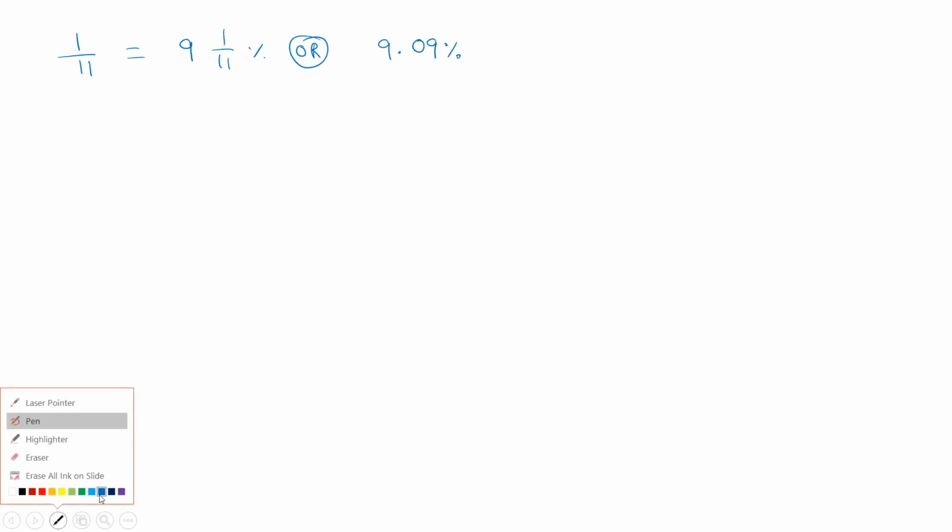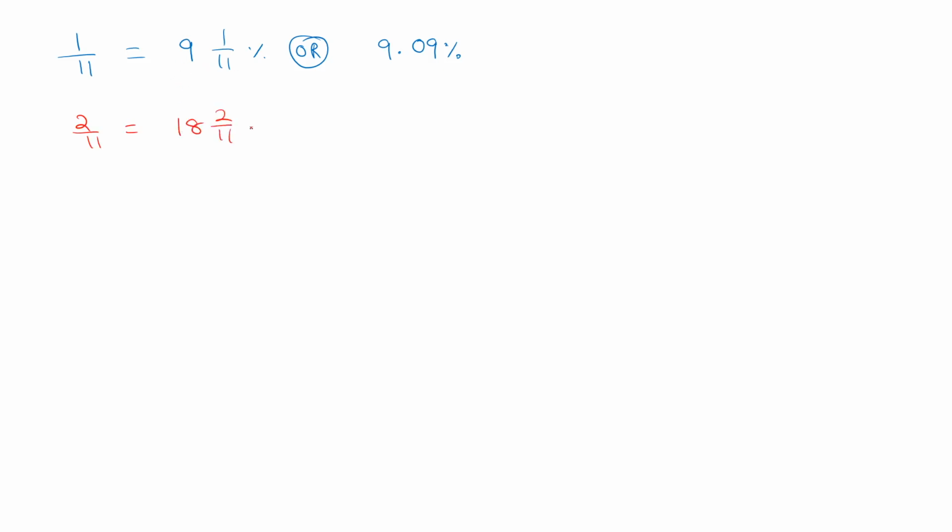The value of 1 upon 11 is 9 1 by 11%, or we can take the decimal representation as 9.09%. If you need the value of 2 upon 11, that is going to be 2 times, 9 to 18, 2 by 11%, or 2 times 9.09%, that is 18.18%.